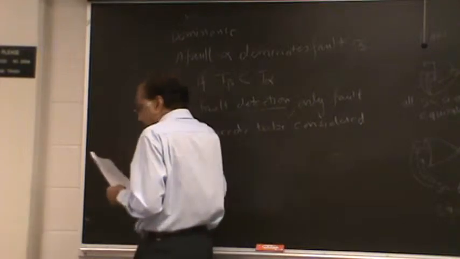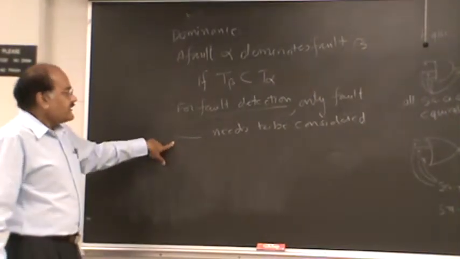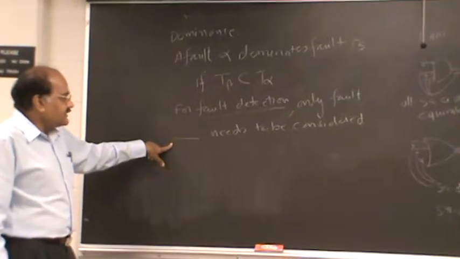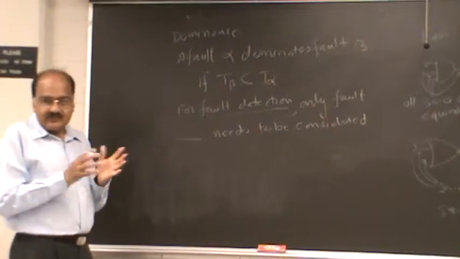Okay, what should I put in this blank? If fault alpha dominates fault beta, then for fault detection, we only need to consider which one?